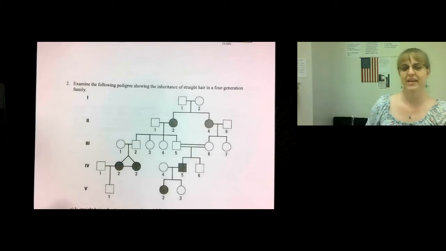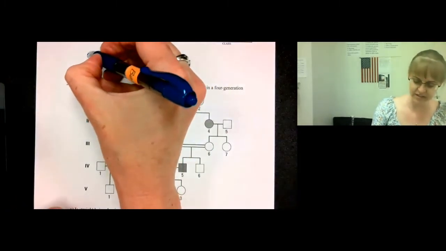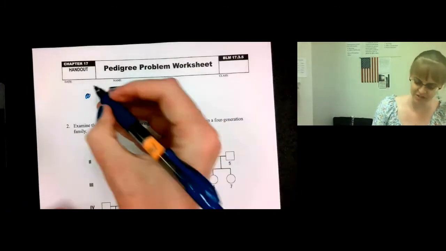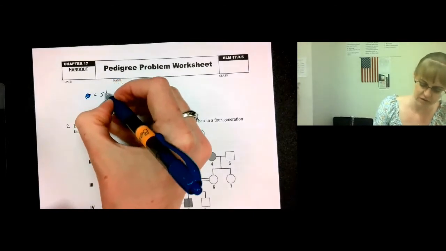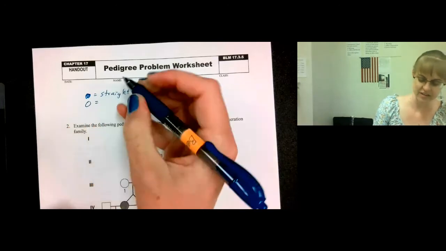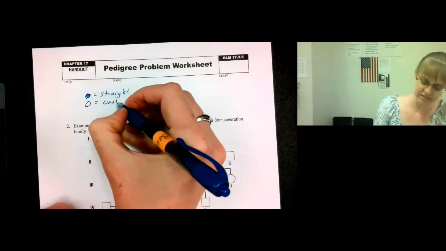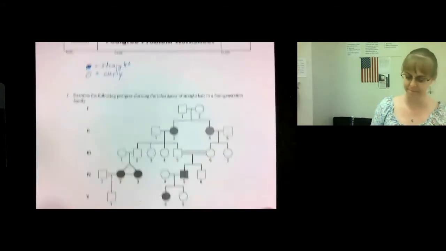Number 2, examine the following pedigree showing the inheritance of straight hair in a 4-generation family. So if the person is colored in, they have straight hair. And if they are not colored in, well, the opposite of straight hair would be curly hair. Okay.